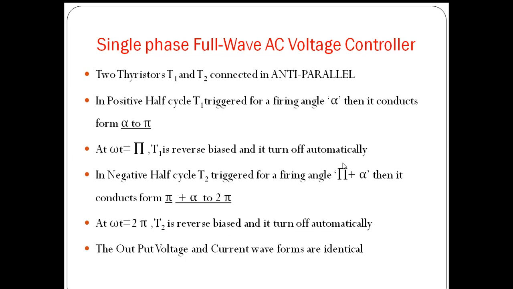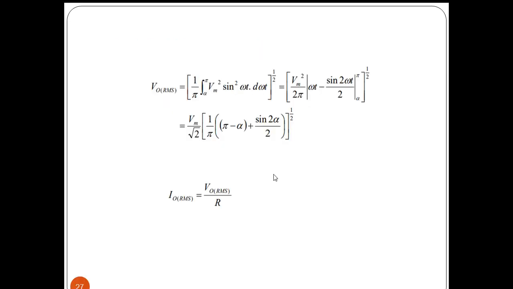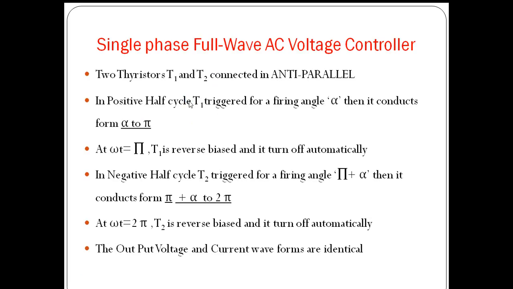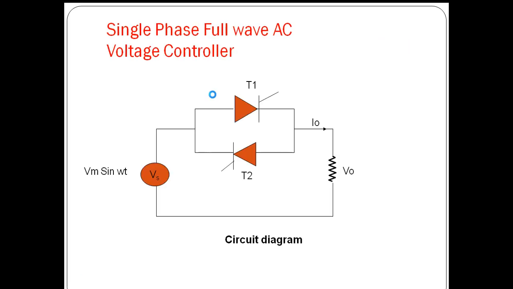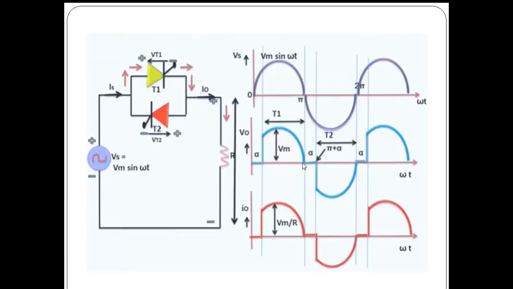We need to calculate the expression for the RMS value of output voltage. From 0 to pi, and from pi onwards it repeats in a similar manner. So we have to calculate the output voltage from instant alpha to pi.